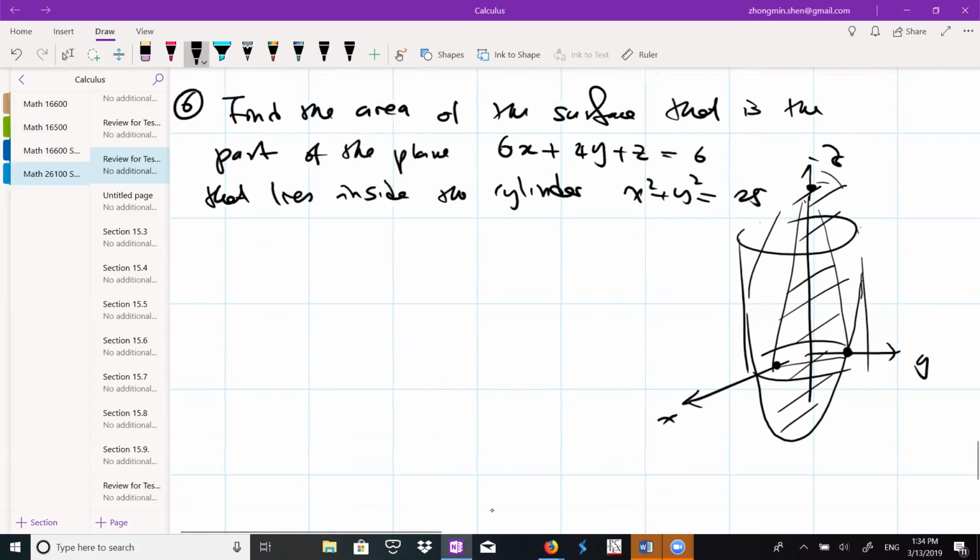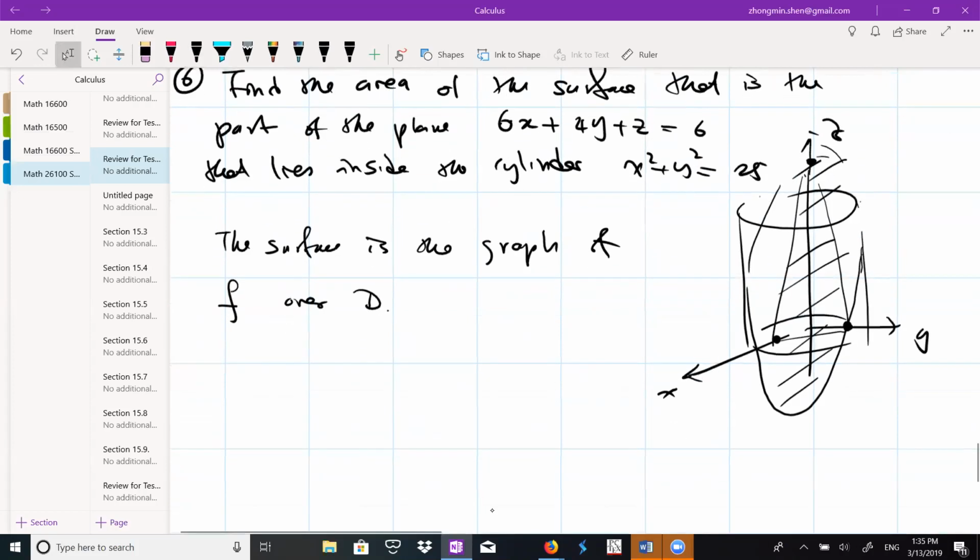So what we need to do is write down the integral first, because this surface is going to be the graph of a function f over the domain D.